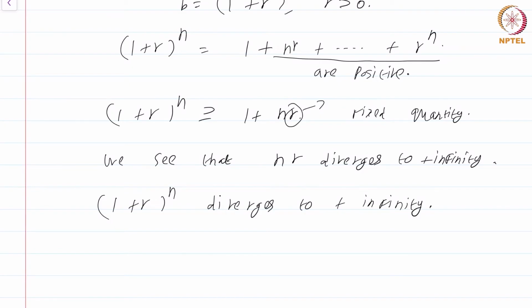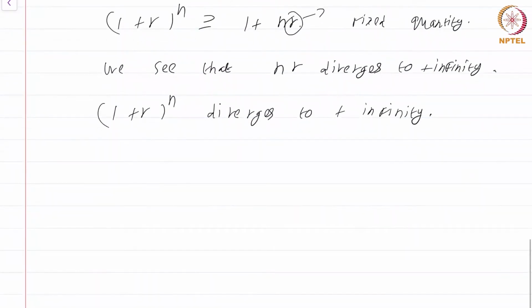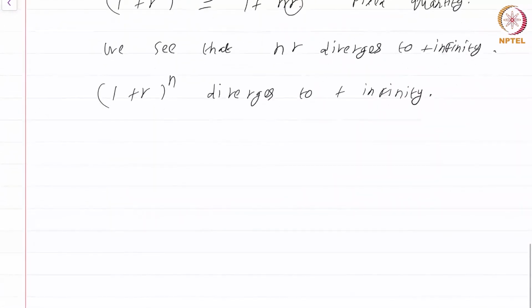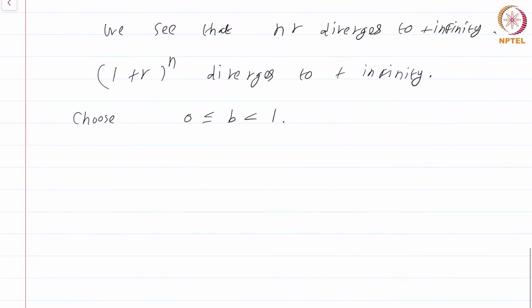Okay. Now, we have dealt with the case when this number b is greater than 1. Now choose b such that 0 is less than or equal to b is less than 1. Okay. Now, how do you deal with this case? You might be tempted to write b as 1 minus r and take 1 minus r power n.